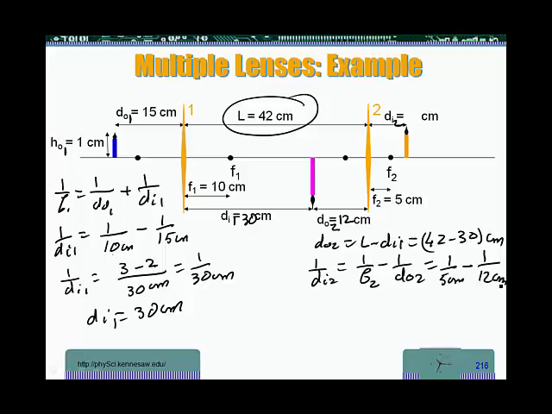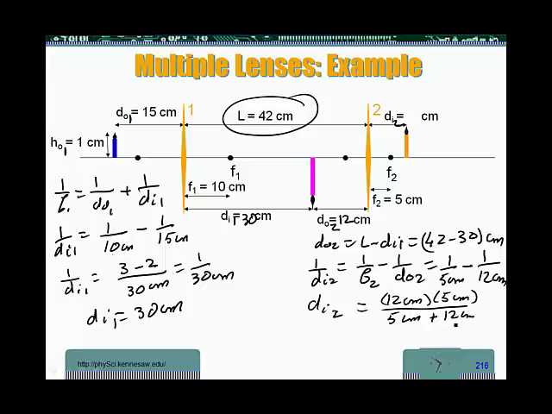Now we just have to solve for that. DI2 then is equal to 12 centimeters times 5 centimeters over 5 centimeters plus 12. Do your own algebra here. You don't have to stick to what I'm doing.